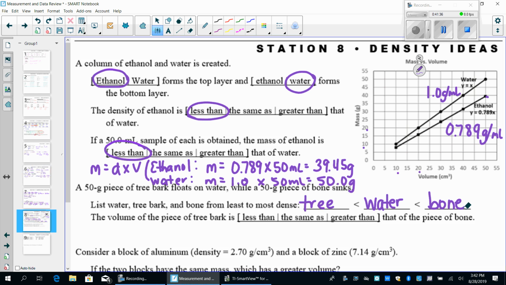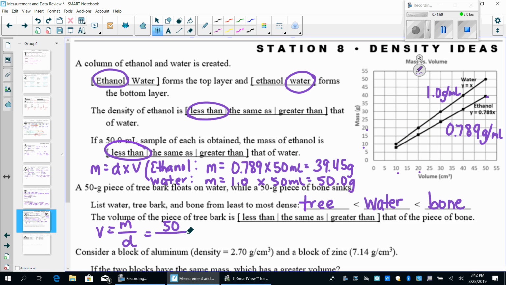All right. The volume of the piece of tree bark is actually greater than that of a piece of bone. So let's say that you wanted to figure this out. Volume is mass divided by density. And let's say we just put in any given mass. Doesn't matter what it is, it'll come out the same way.